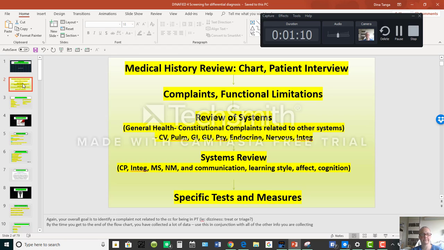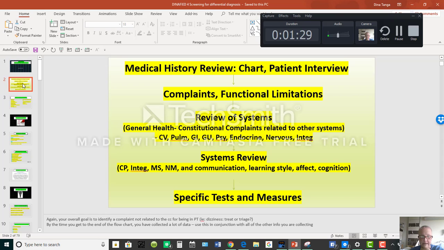Let's go back. So first we're going to do medical history review, which means you're going to review the chart and do a patient interview. You're going to ask about complaints and functional limitations. How are they performing at home?